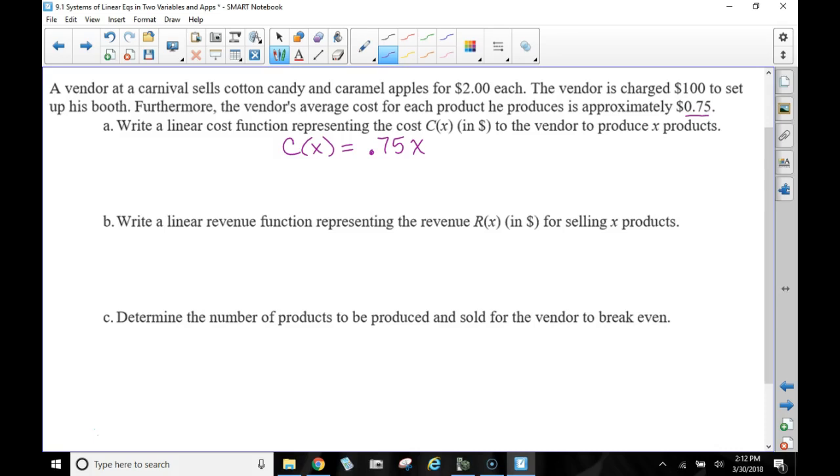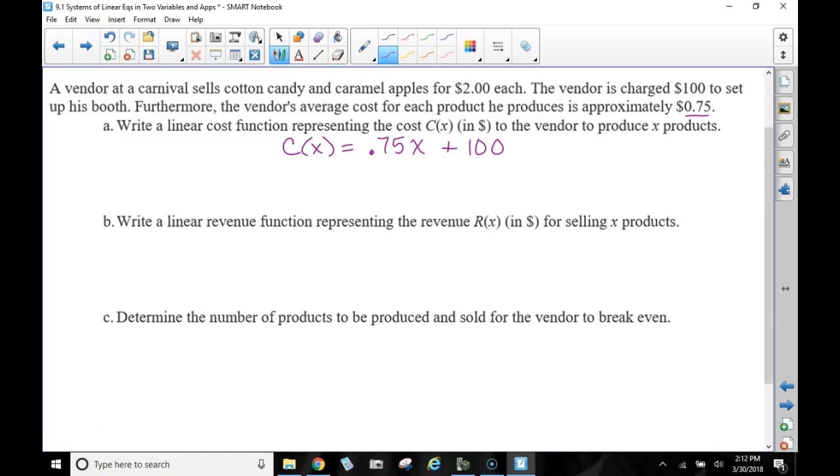That is how much it costs him to produce these caramel apples and also cotton candy. And then if he's going to set up this booth, it also costs him $100.